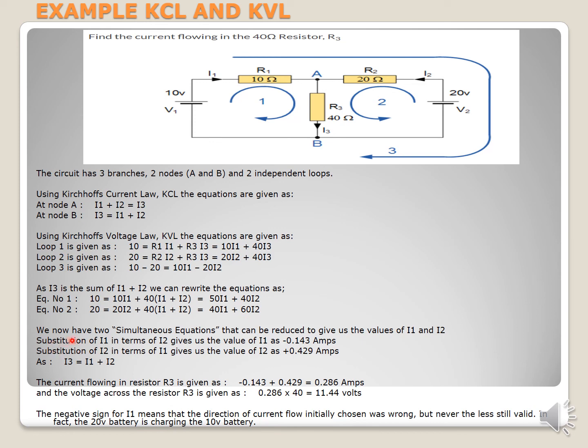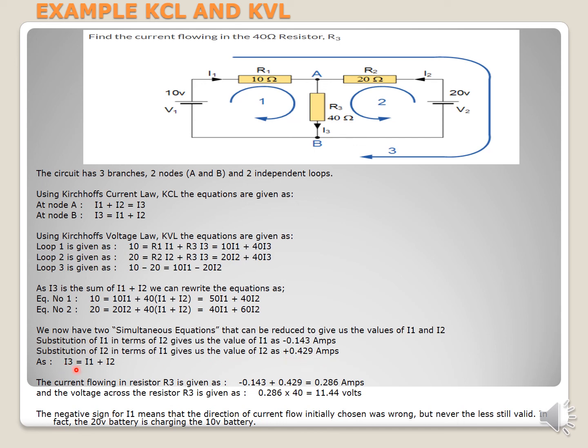We now have two simultaneous equations that can be reduced to give us the values of I1 and I2. Substitution of I1 in terms of I2 gives us the value of I1 as negative 0.143 amperes, and substitution of I2 in terms of I1 gives us the value of I2 as positive 0.429 amperes.